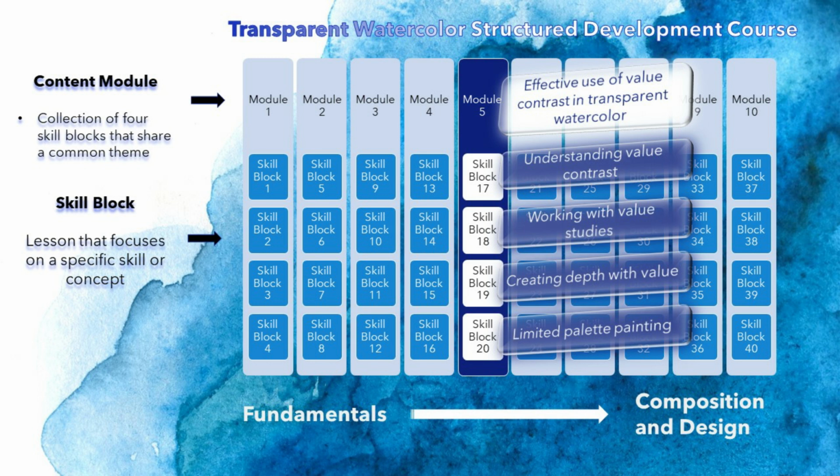And Module 5 is centered around the theme, effective use of value contrast in transparent watercolor. In breaking this down to the skill block level, the individual lessons, you'll see that there's a lesson in understanding value contrast, working with value studies, creating depth with value, and working with a limited palette painting.